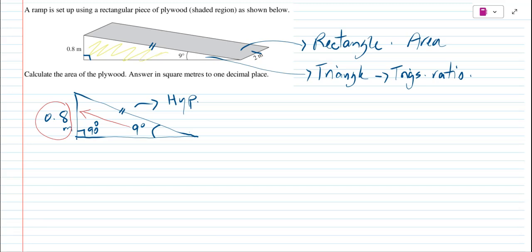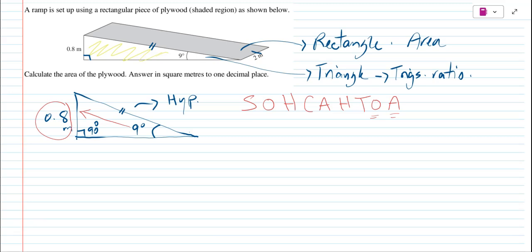And the ratio that we're going to use, now remember your acronym for the trig ratios, right? This was SOH: sine is opposite over hypotenuse. CAH: cosine is adjacent over hypotenuse. And then TOA: tangent is opposite over adjacent.